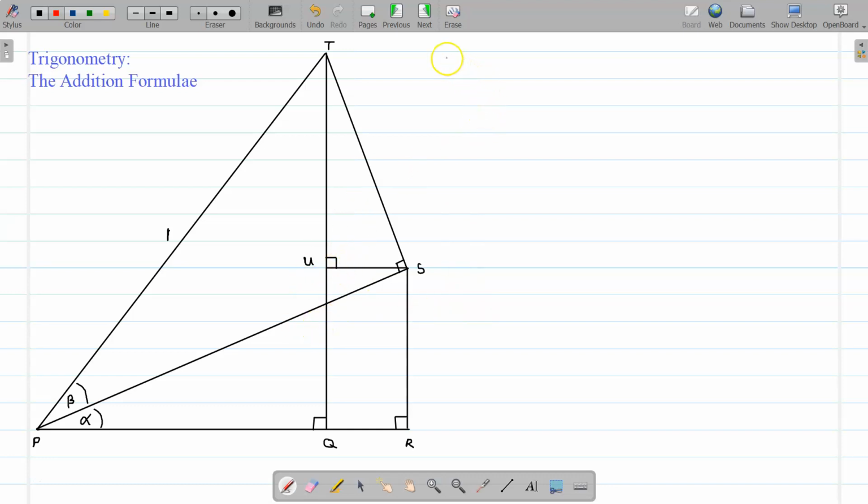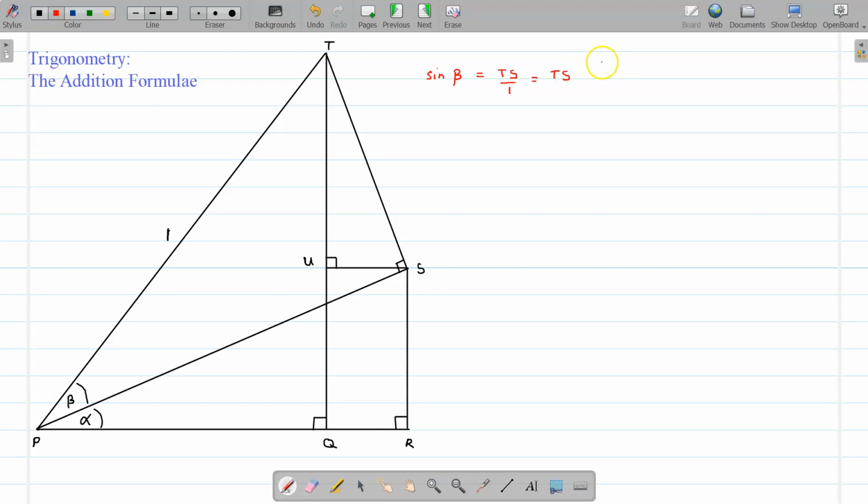Okay, so let's start by saying that the sine of beta, which is the opposite over the hypotenuse, is the length TS over 1 using this triangle here. So sine of beta equals TS over 1, which of course is just the length TS. So that's the first fact we can deduce from that diagram.